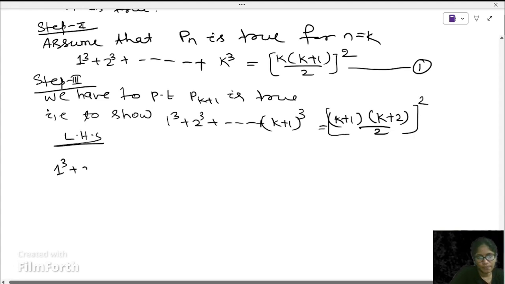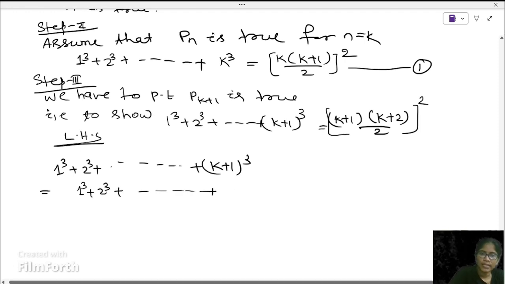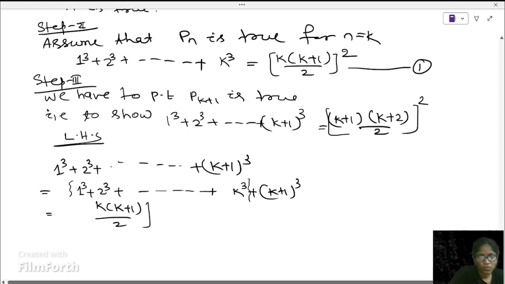1 cube plus 2 cube plus up to k plus 1 its whole cube, which is equal to 1 cube plus 2 cube plus up to its previous term k cube plus k plus 1 cube. From equation 1, we have k into k plus 1 by 2 its whole square plus k plus 1 its whole cube.